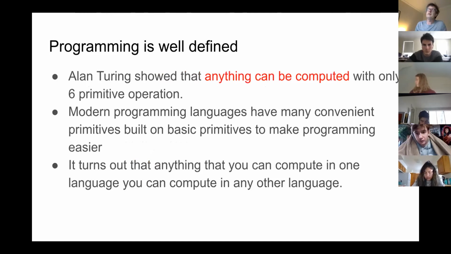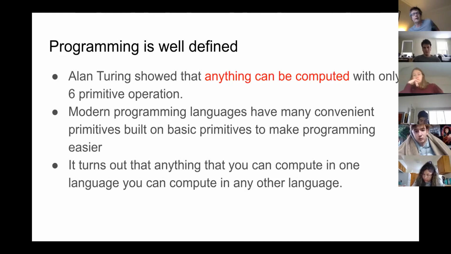Now, it turns out that Alan Turing, who some of you may have seen depicted in various movies recently, was a very important and now famous mathematician from England, who, among other things, cracked some of the Germans' codes that they were using to communicate with, and he came up with some of the fundamental theories of computation, and he showed that a computer can do anything that a computer can possibly do with only 6 primitive operations.